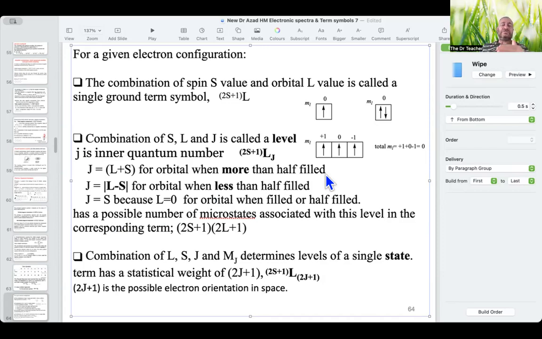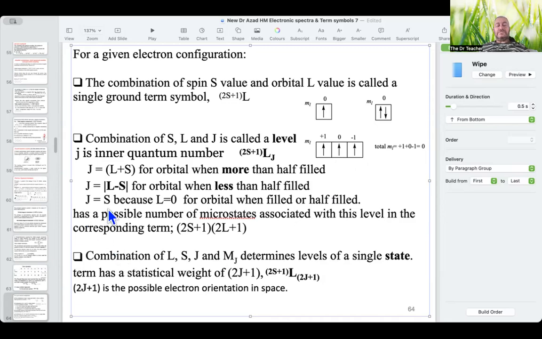You don't use a normal number or decimal number. So here we have the total number of L from ML, which is 0. The total number of S is half and half and half. It will be 3/2.